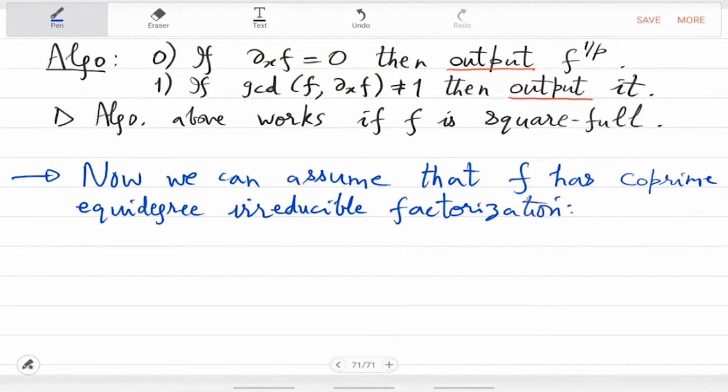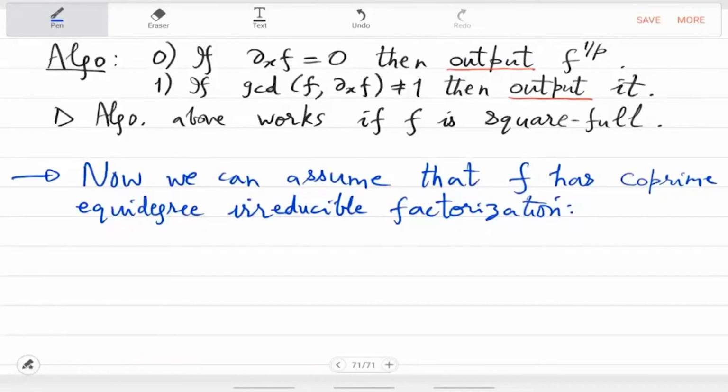So when you look at the factorization of f into irreducibles, each of the irreducibles has multiplicity 1. They are all distinct and in fact co-prime. They all have the same degree. Okay, so after the previous two algorithms, you get to this point.